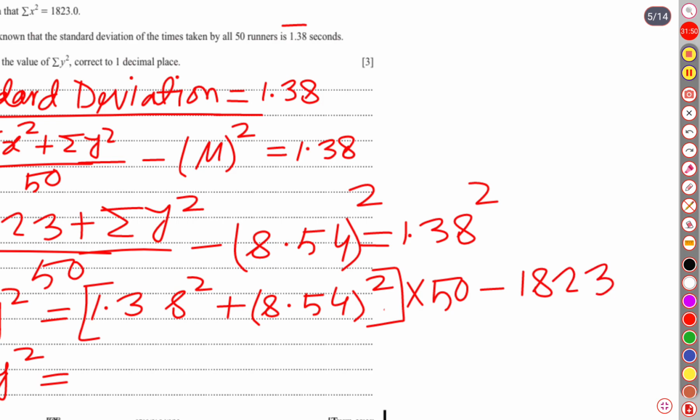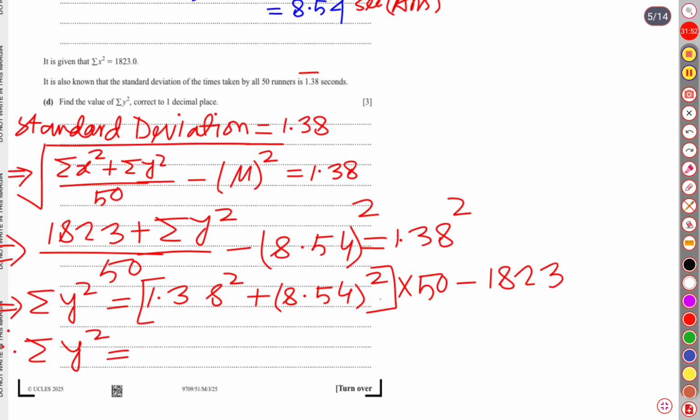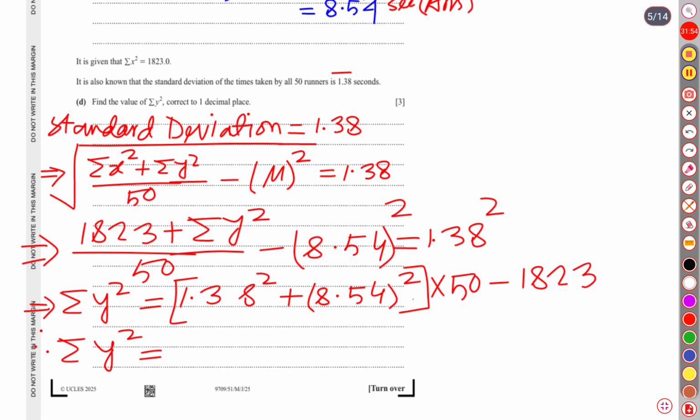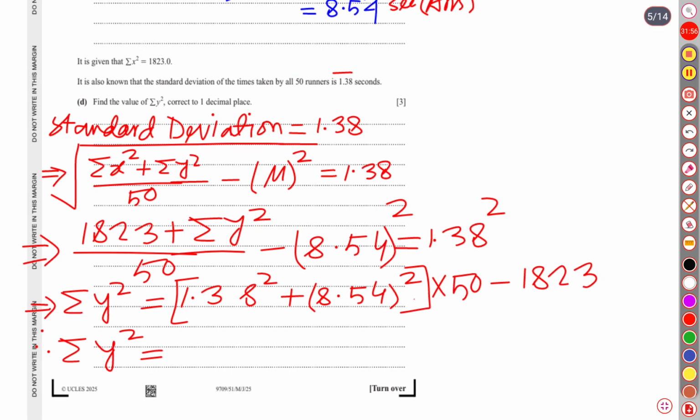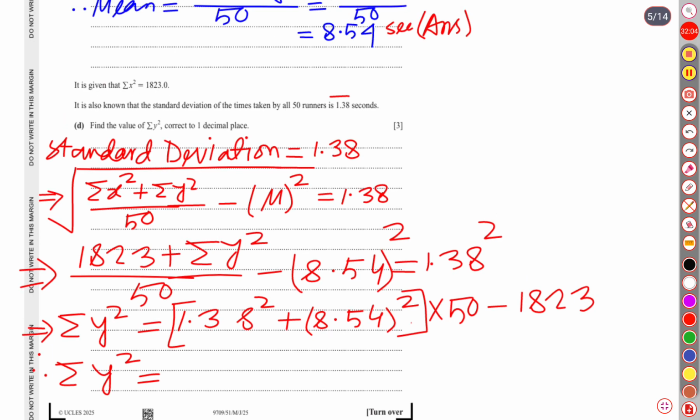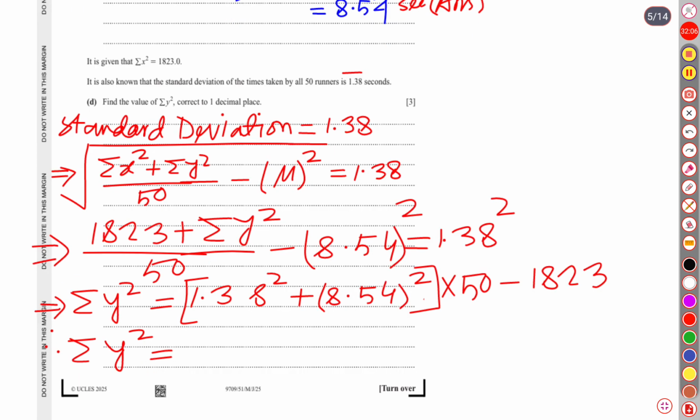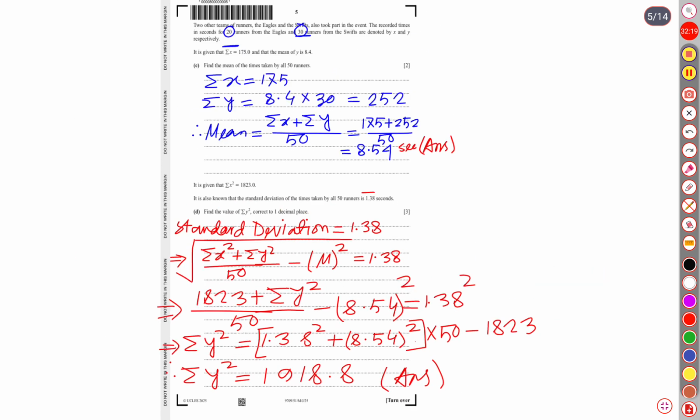So finally we will get 1.38 squared plus 8.54 squared, all times 50, minus 1823, which is actually 1918.8, up to one decimal point. So that is the solution to the question.